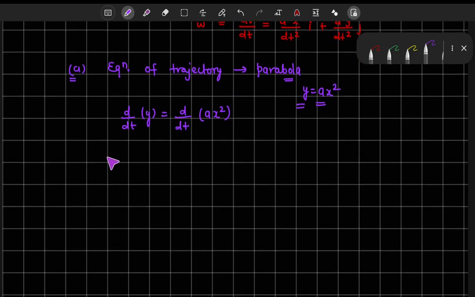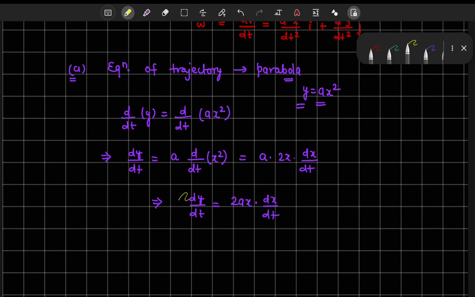So the derivative of y we can write as dy by dt is equal to a times d by dt of x square. So from here we will get a times 2x into dx by dt. So we can get dy by dt is equal to 2ax times dx by dt. Okay, so this we have got.